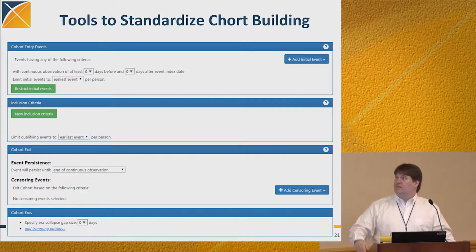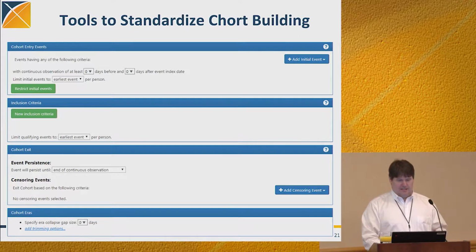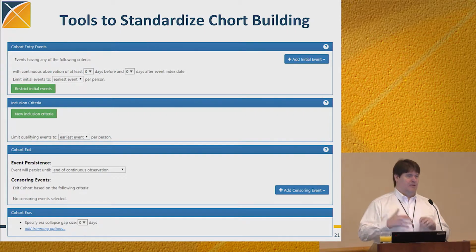So this UI right here is just a shell of what Atlas will give you to create your cohort definition. The elements of this: first we want to identify those events that will get you into the cohort, that will enter the cohort. And those are potentials, because we could further qualify those events.